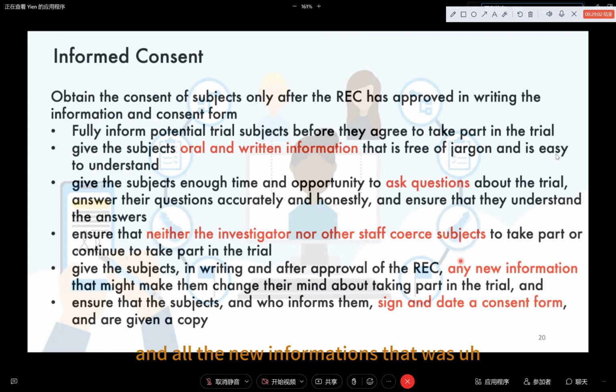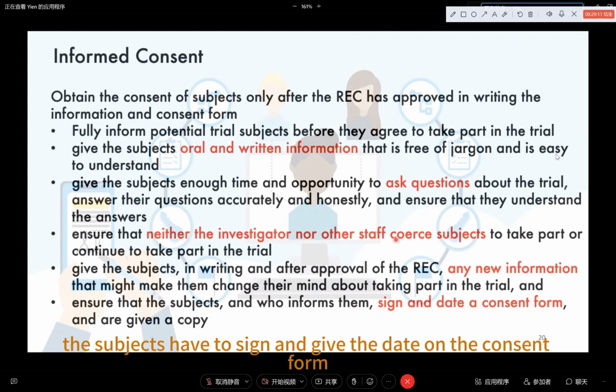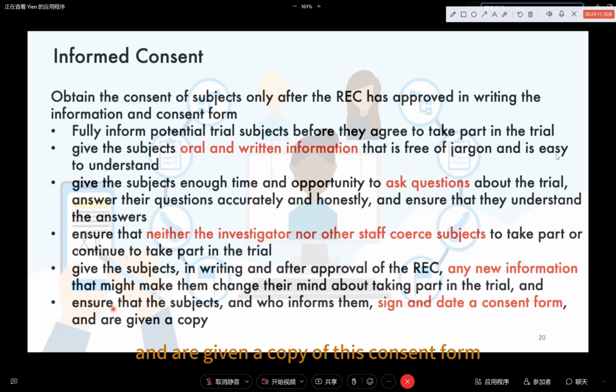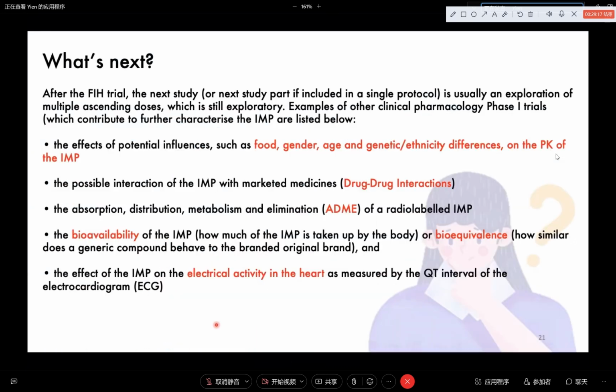All the new information that was obtained in this clinical trial must be given to these subjects. And lastly, the subjects have to sign and date the consent form and are given a copy of this consent form.